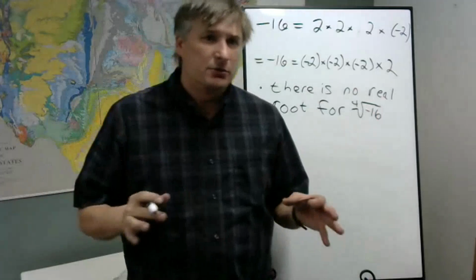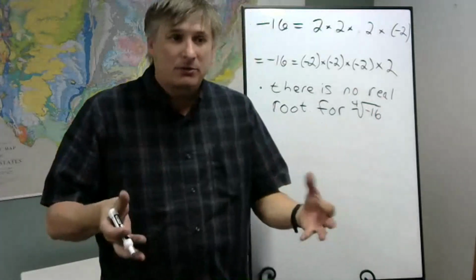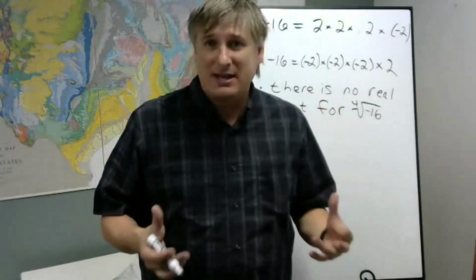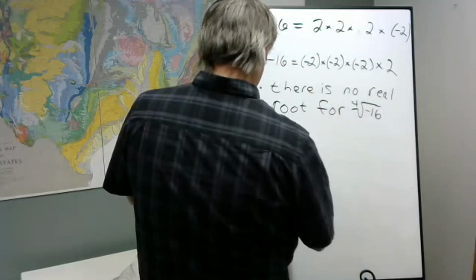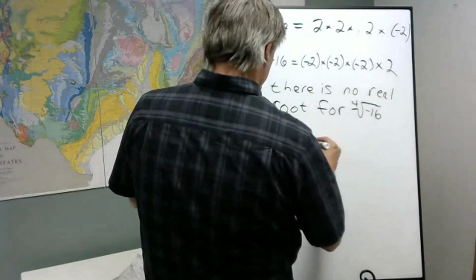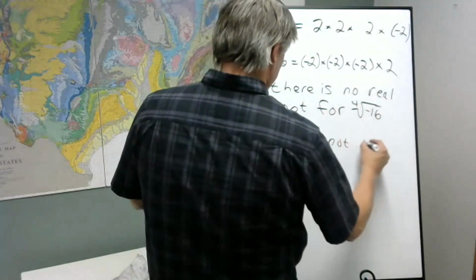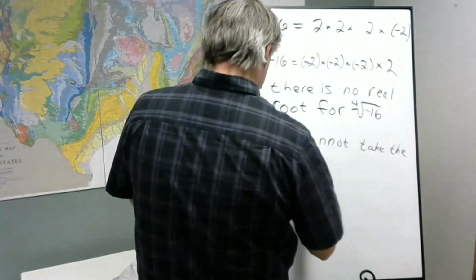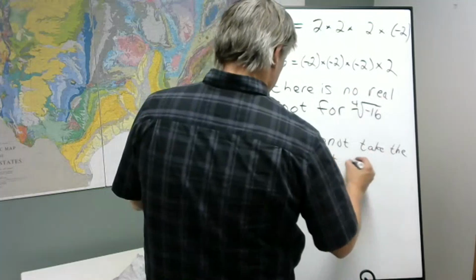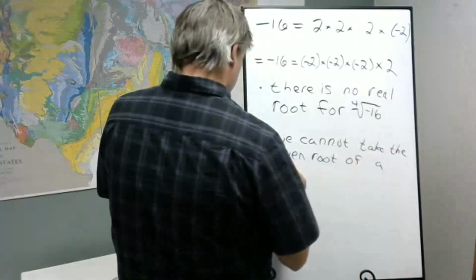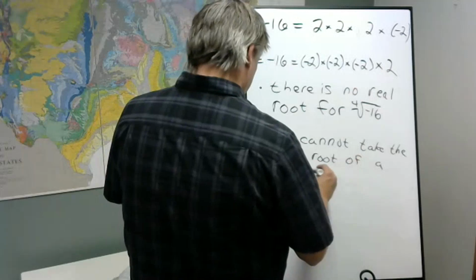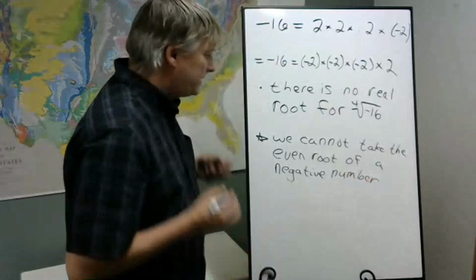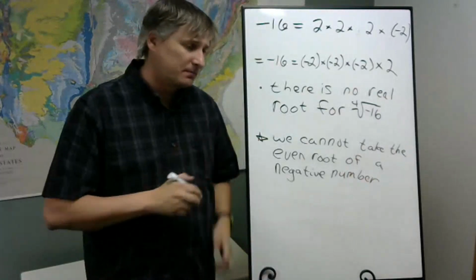If we have an even root and we have a negative number, we cannot take the even root of that negative number. We cannot take the even root of a negative number.